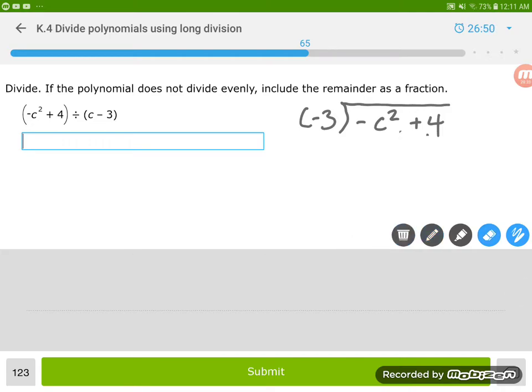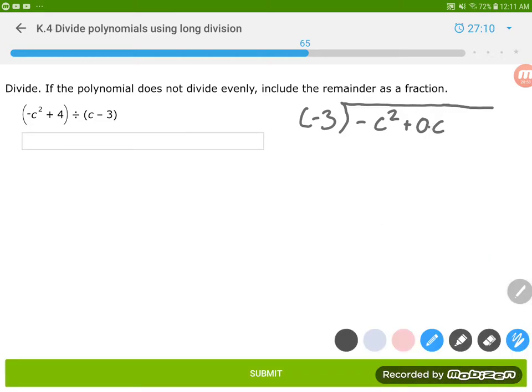So what we want to go ahead and do to keep us a little bit more organized, now granted you don't have to do this, but I do advise it, is right here we want to write plus 0c. Why do we do that? Well, we have no c terms, and writing plus 0c is going to help keep us organized as we go through these calculations, and you'll see what I mean.